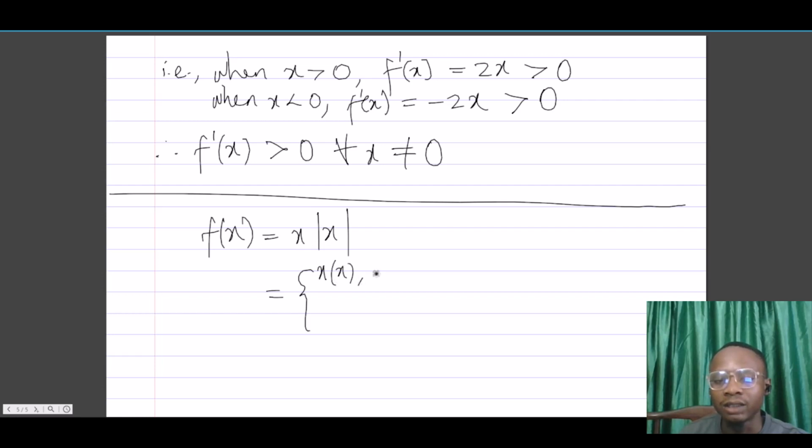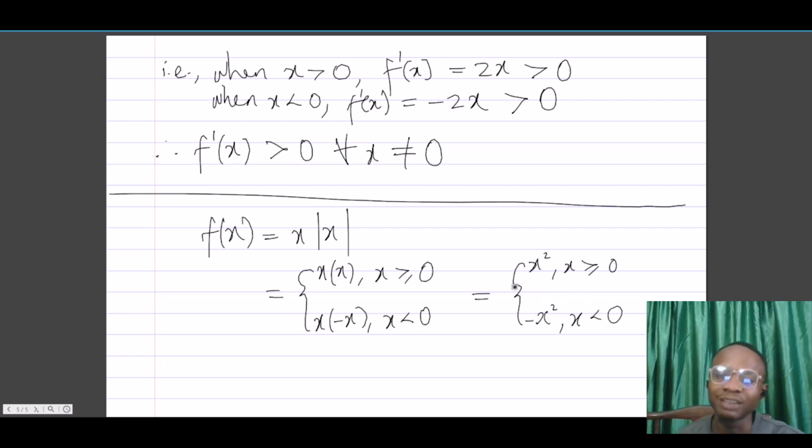Modulus of x is x whenever x is greater than or equal to 0, and it will be equal to minus x whenever x is less than 0. So we know that basically the function provided is x squared when x is greater than or equal to 0, and it will be equal to minus x squared when x is less than 0.